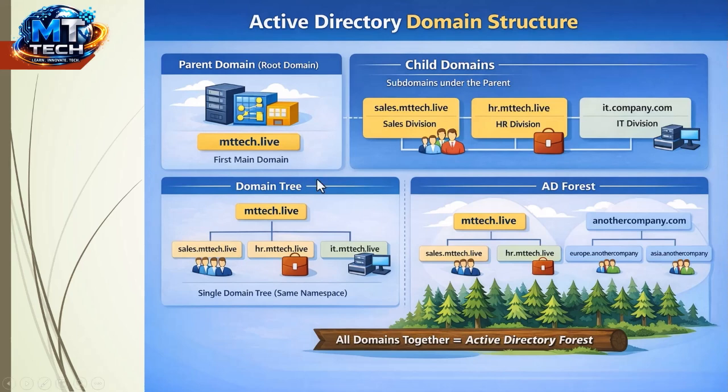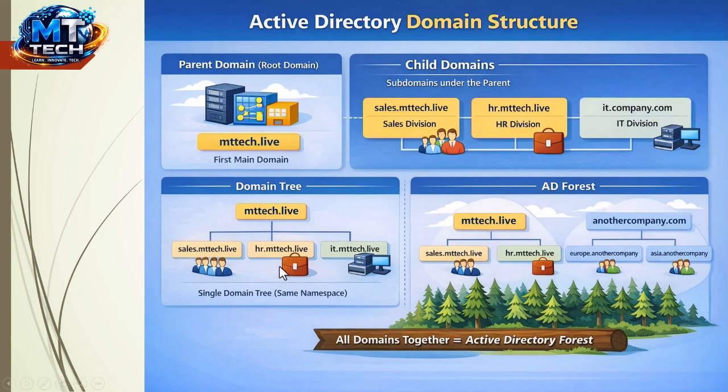As an example, here we have a domain called mttech.live. This is the first main domain in this forest. We have some other trees as well that could be domains. So what is a tree in this forest? A tree is a group of domains that share the same namespace.